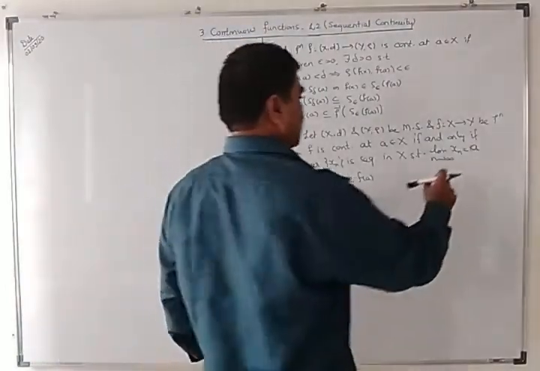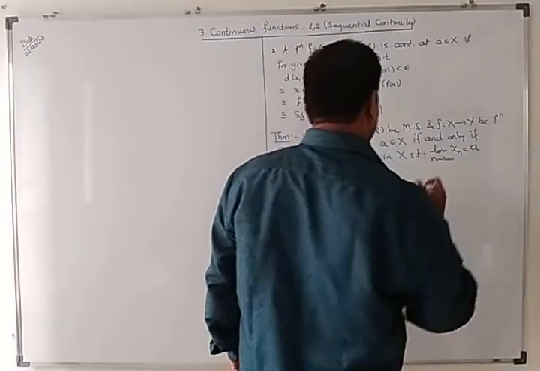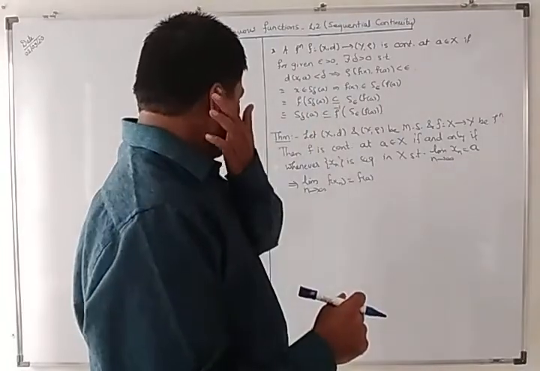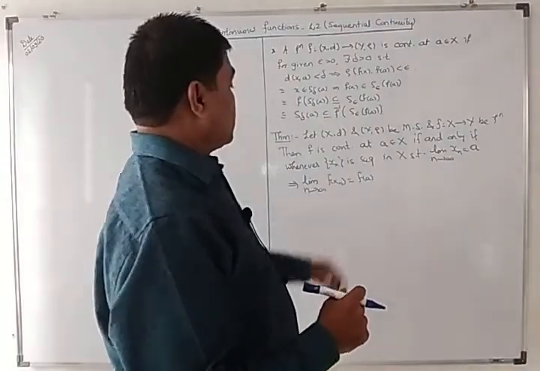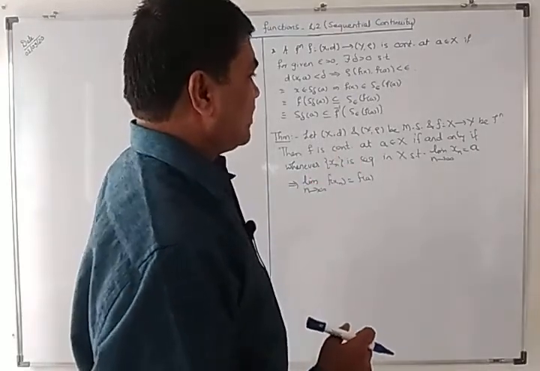And conversely, if whenever we have a sequence converging to a, whatever sequence it may be, its image sequence converges to f(a), then f must be continuous at a.